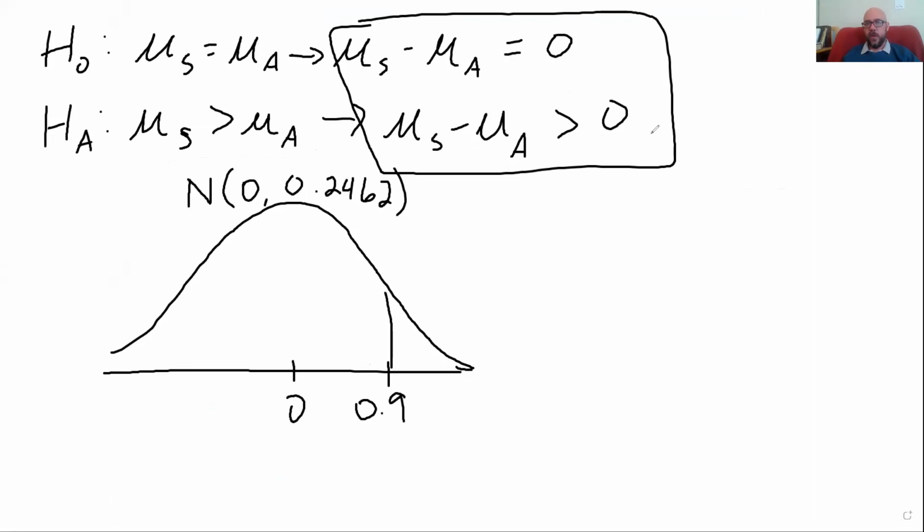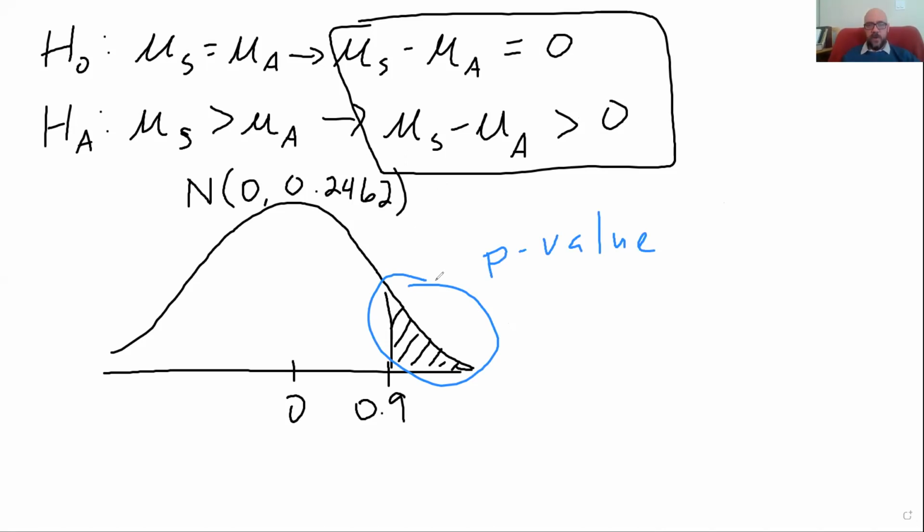So that's why I wrote it this way. Being consistent about the subtraction will tell you what you should do in your alternative hypothesis, which will tell you which way you want to shade. That's why I'm being so demanding about writing everything down, right? So there's the area that I found. And so this right here is my p-value, just like always.